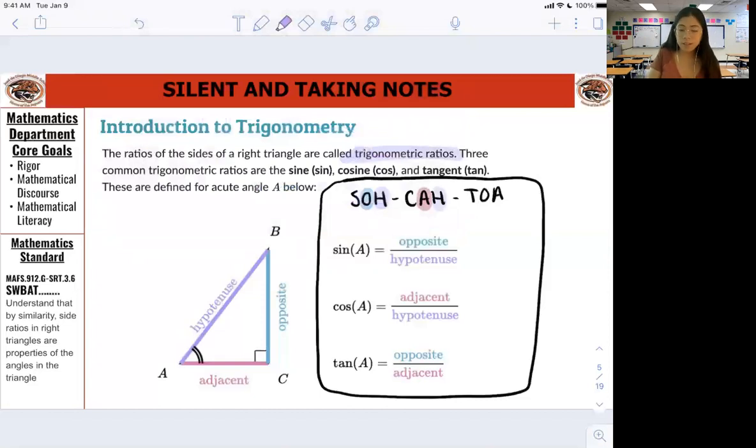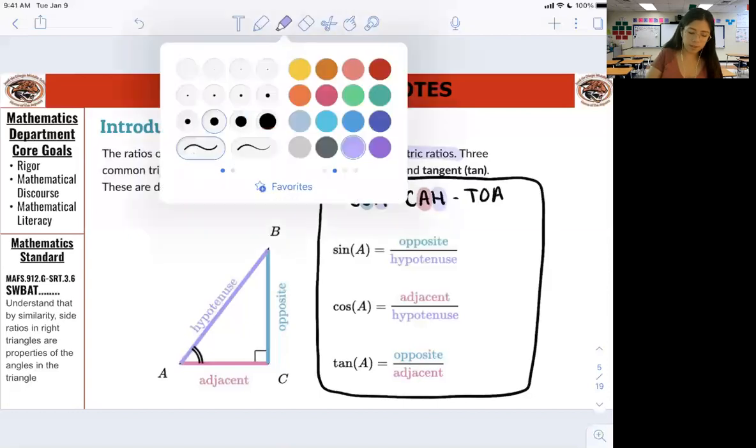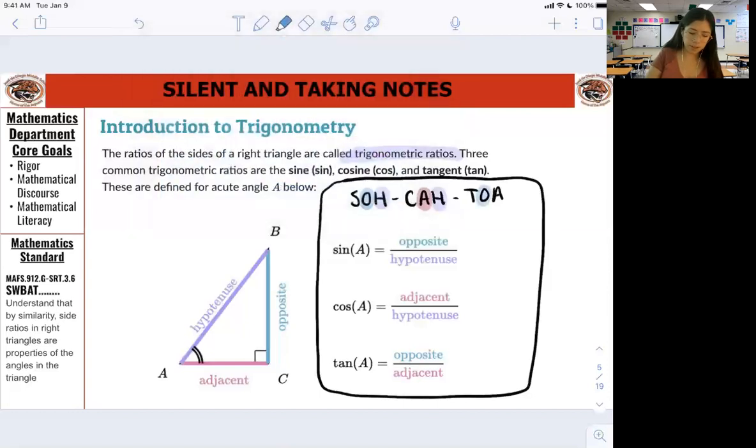And then TOA is for tangent, which is opposite over adjacent. So go ahead and write down SOHCAHTOA as well as what each of those ratios is. So sine is opposite over hypotenuse, cosine is adjacent over hypotenuse, and tangent is opposite over adjacent. SOHCAHTOA.